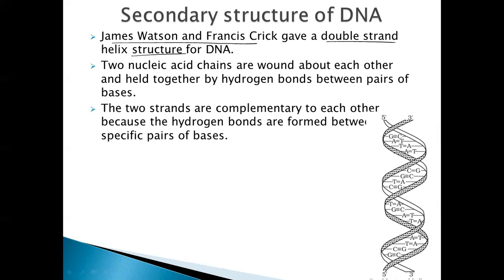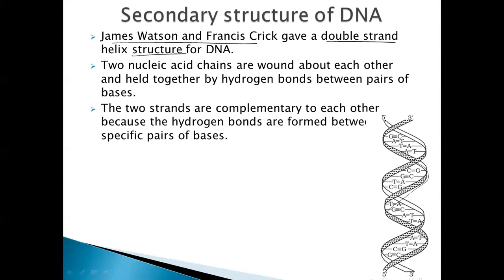If you can see, this is one strand and this is another strand. We are naming it as 5', 3', and 3', 5'. That means they run anti-parallel to each other. The two strands are wound around each other, resulting in a double-stranded helix structure for this DNA. And these two strands are complementary to one another. That means they're running anti-parallel to one another.